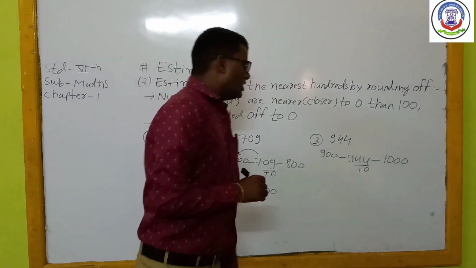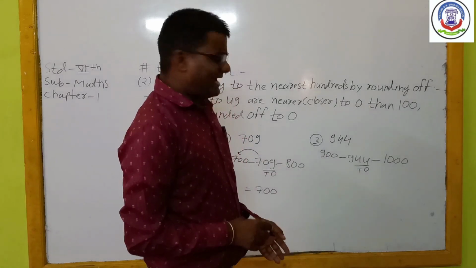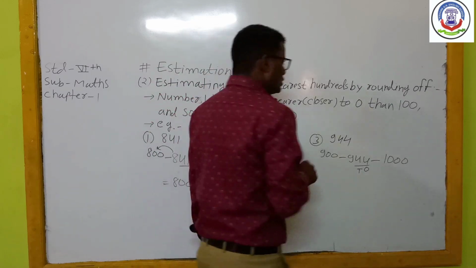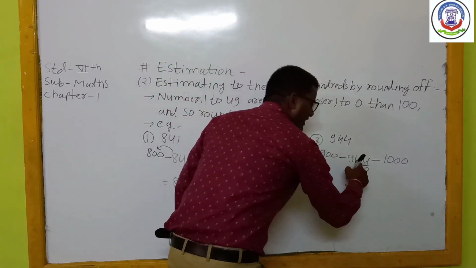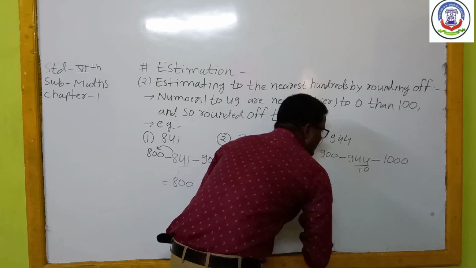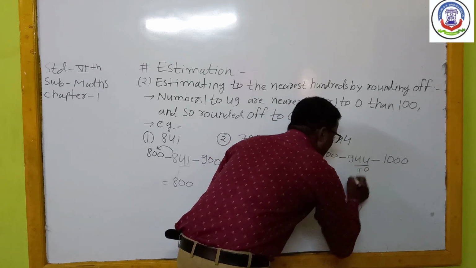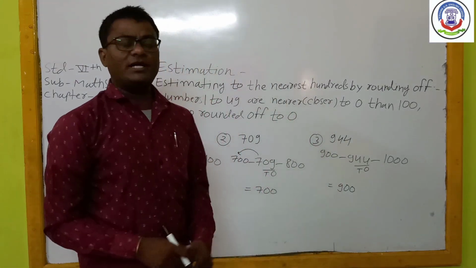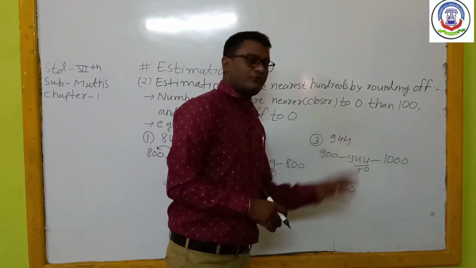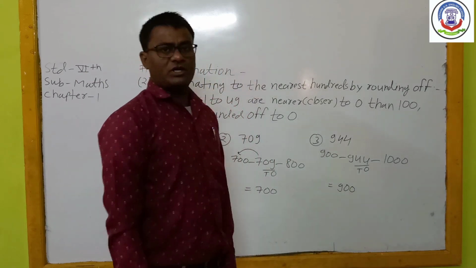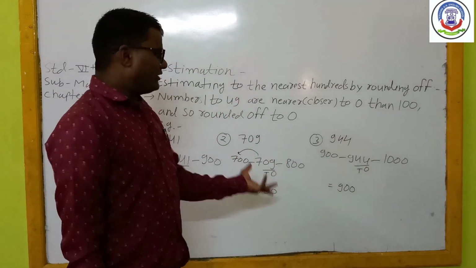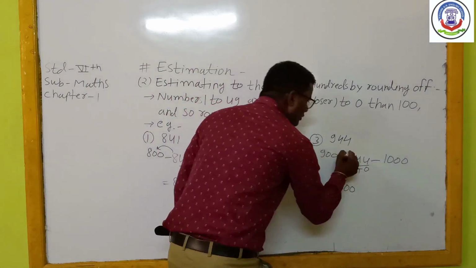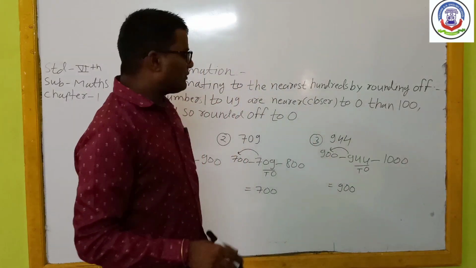You can clearly see that 44 is nearer to 0, so I will round them off as 0 0. It will become 0, it will become also 0, and 9 as it is. So the required rounded off number of 944 will be 900. Another way, you can clearly see that 944 is nearer to 900, so the required number will be 900.